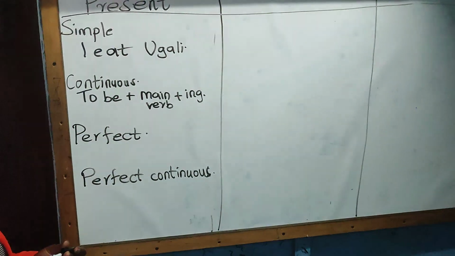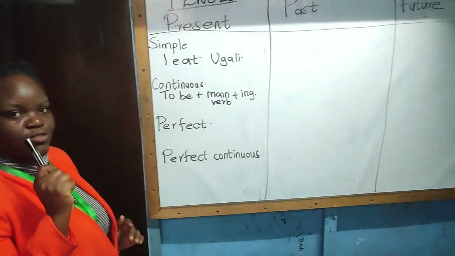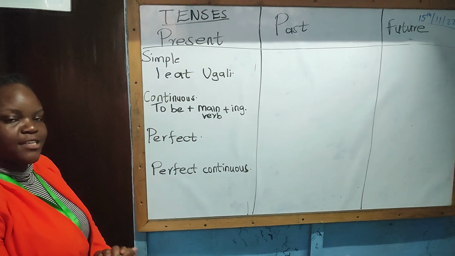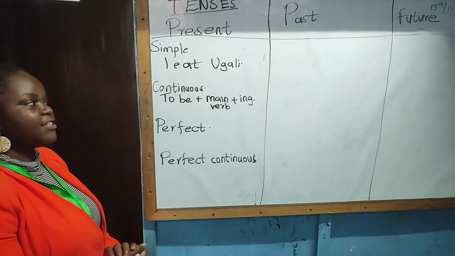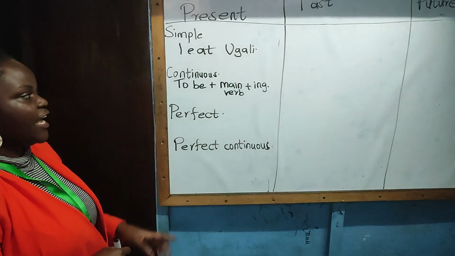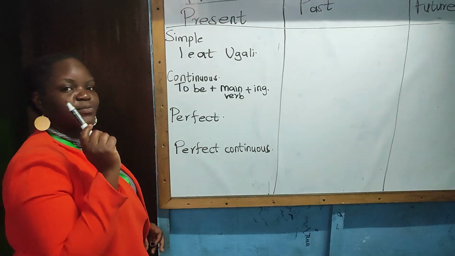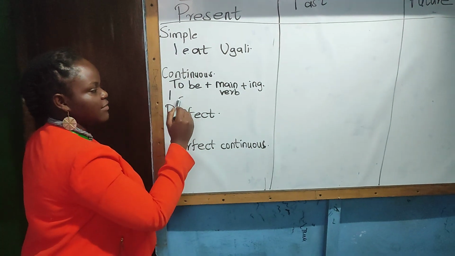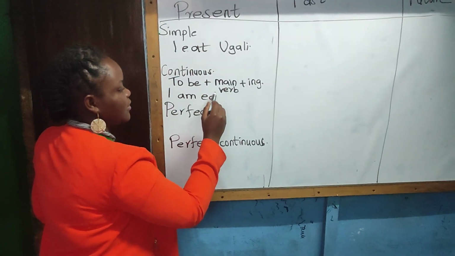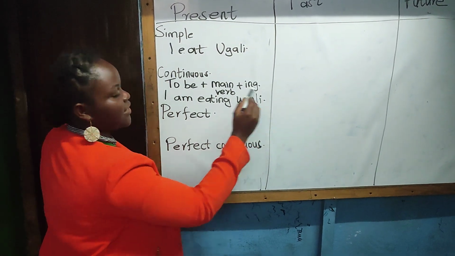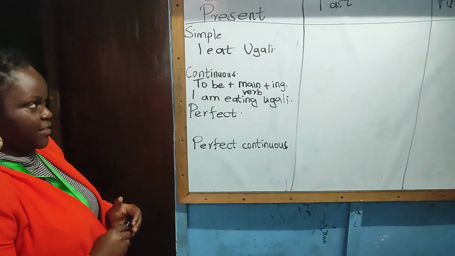For example, let us use the verb to eat, okay? So let us use again the first person. The first person in English is I. So we'll say, I am eating. That is, we have used present continuous tense. I am eating ugali. That is present continuous tense.